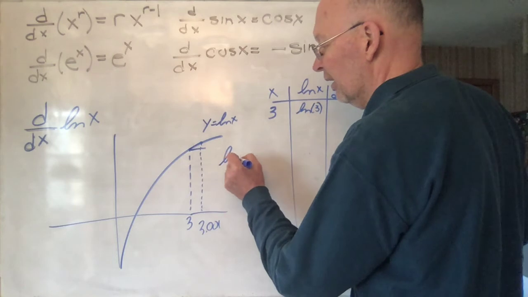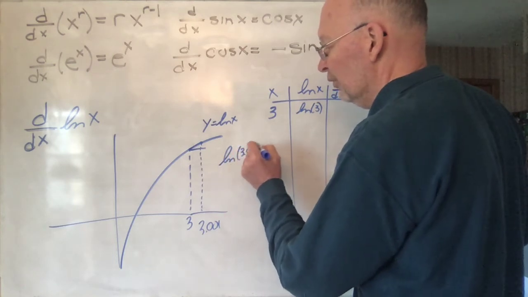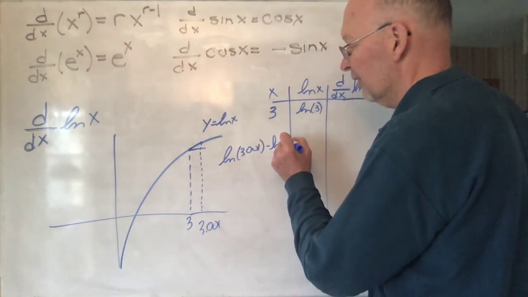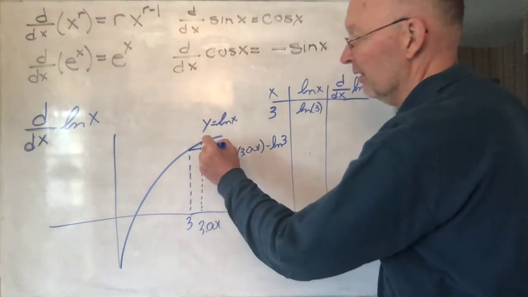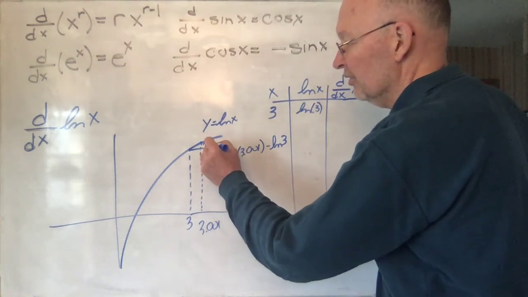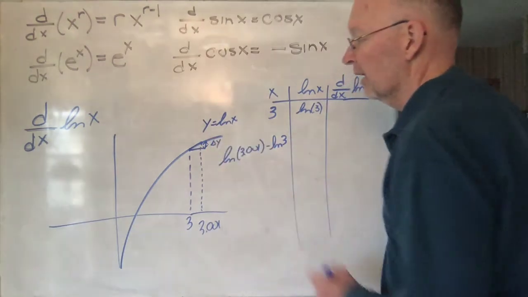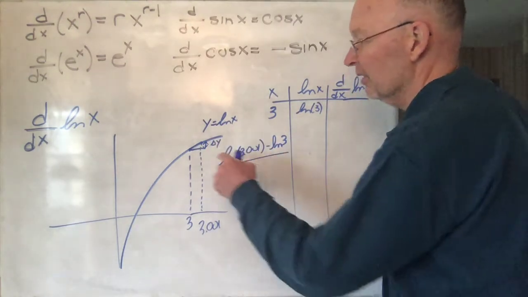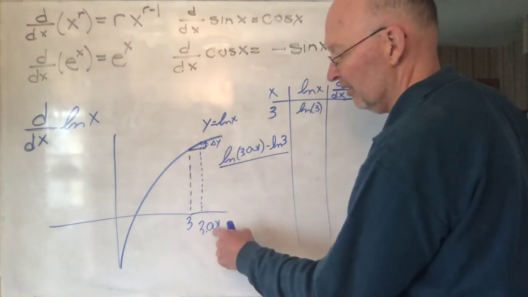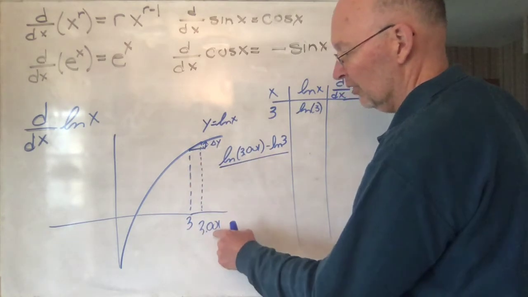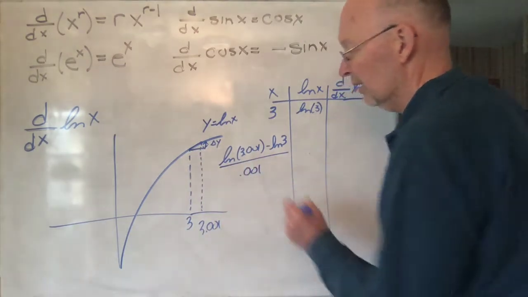So it's going to be the ln of 3.001 minus the ln of 3. That's the change in the y values, delta y. Okay, what's delta x? Delta x is this minus this, which is 0.001.